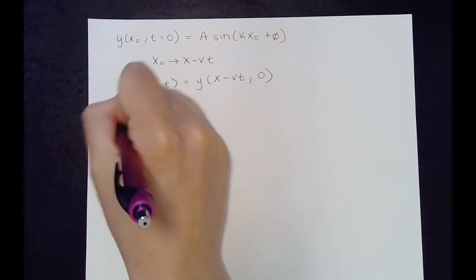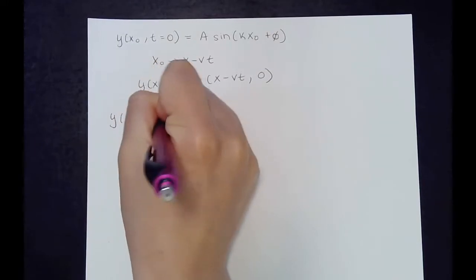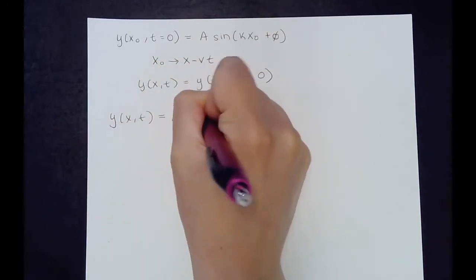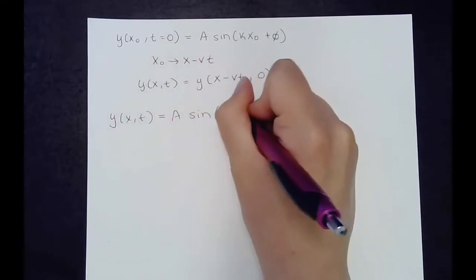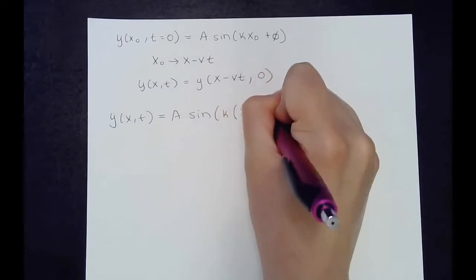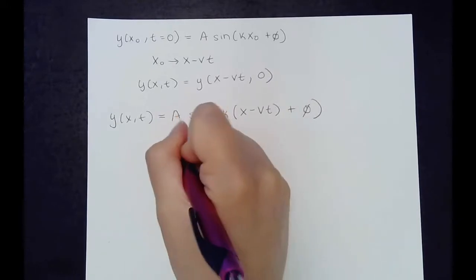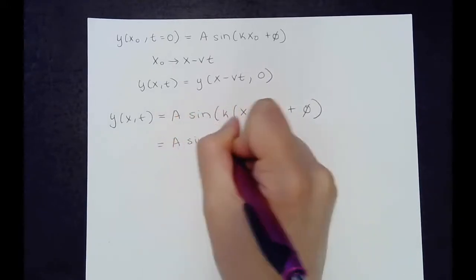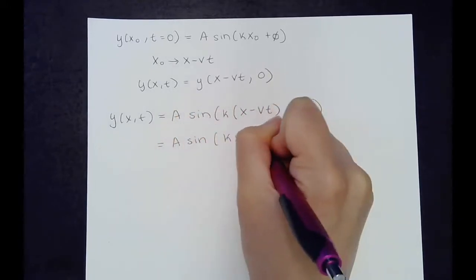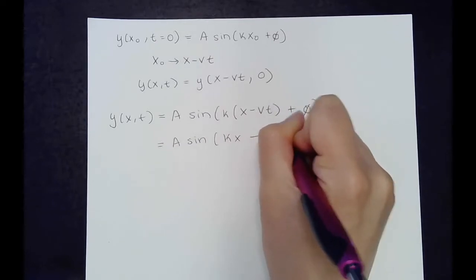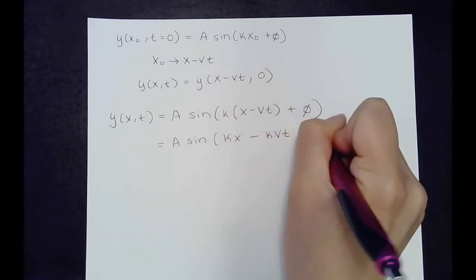So we have y at x and t equals a sine k, instead of x naught, we write x minus vt, plus phi. And then expanding, we have a sine kx minus k vt plus phi.